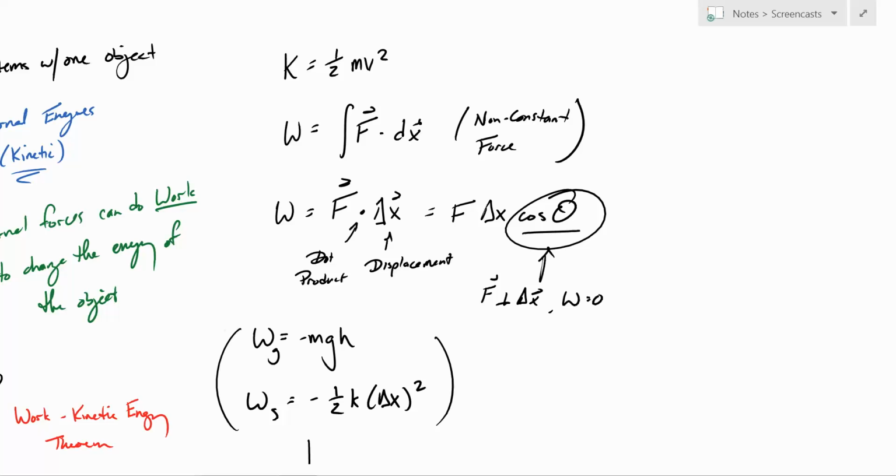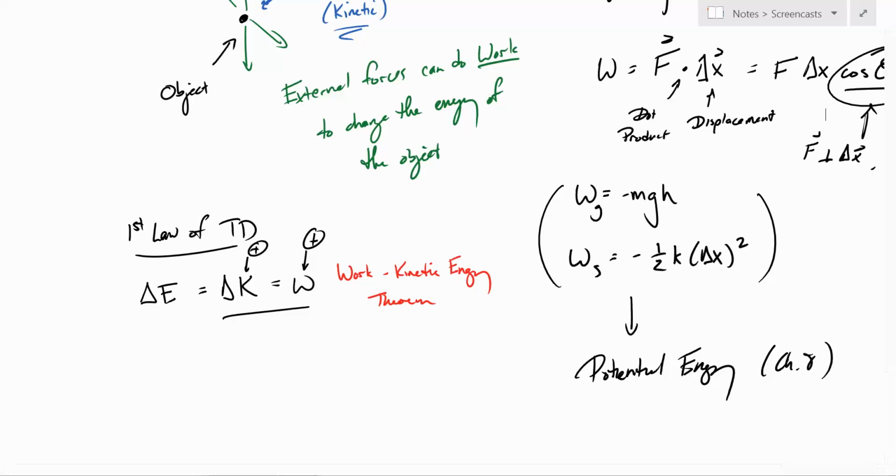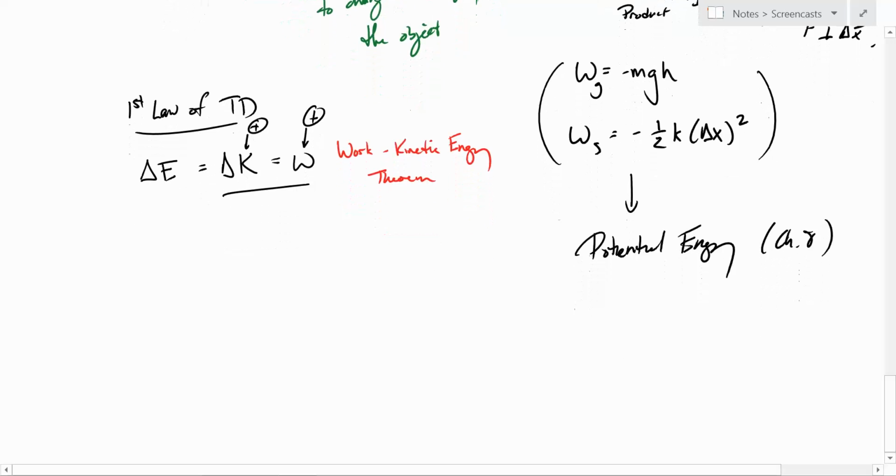If the angle is between 90 and 270, if the force and the displacement are in opposite directions, you get a negative work. It slows it down. So if you're pushing something in the direction of motion, it speeds up. Pushing something in the opposite direction of motion slows it down. Which, shockingly enough, I think makes sense in most cases. Right.